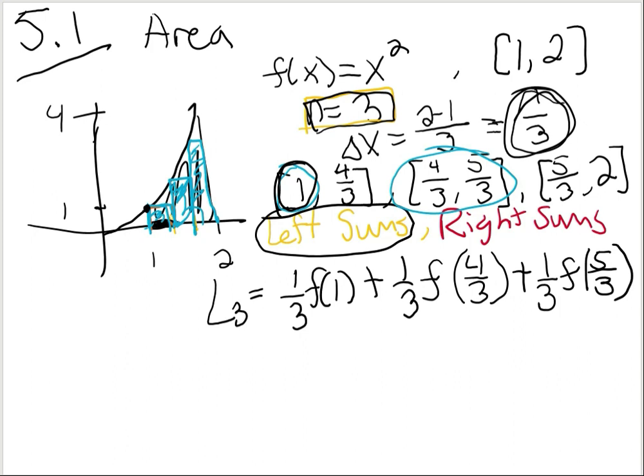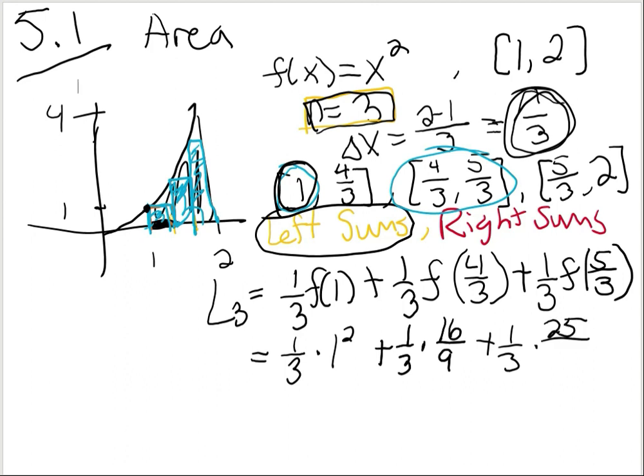And I could compute that number. So why don't you do that right now? Compute that number, because all we're doing is this is going to be 1/3 times 1 squared plus 1/3 times 16/9 plus 1/3 times 25/9.